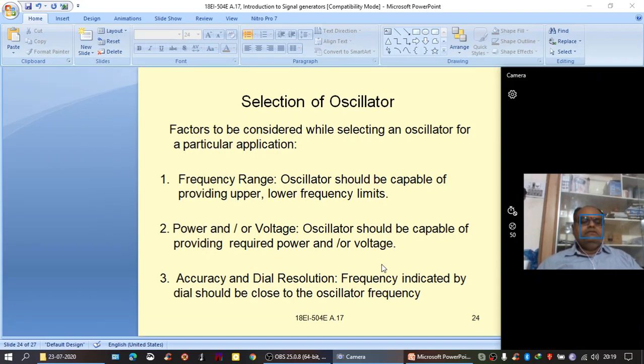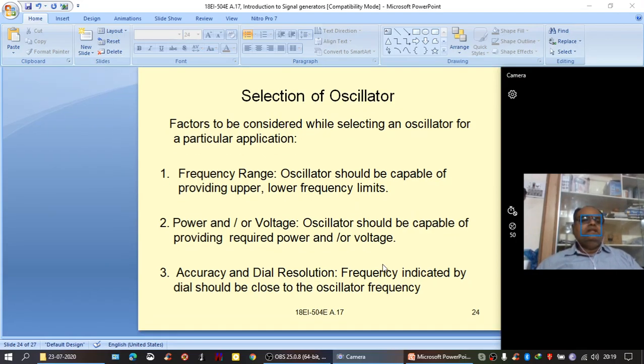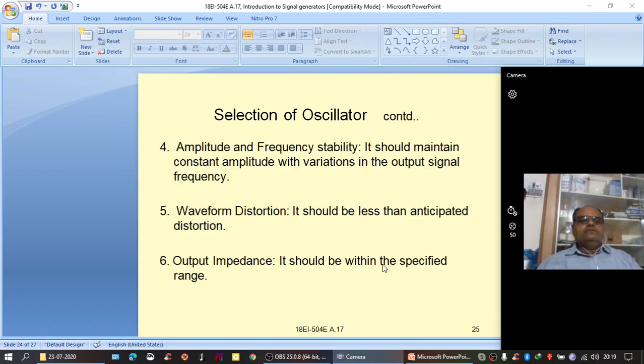Accuracy of dial resolution, that is the dial frequency should be equal to the frequency of output of the oscillator, and amplitude and frequency produced by the oscillator should be stable even when we vary the amplitude and frequency. If we vary the frequency, it has to be at the new one only. It should not fluctuate between the older one and new one. And waveform should be distortion free, and output impedance should be within the limits.